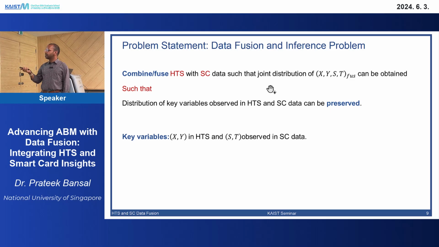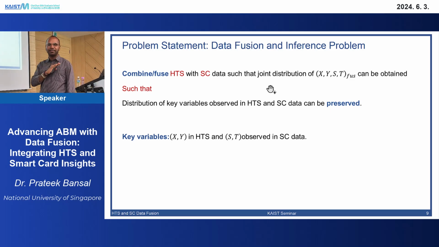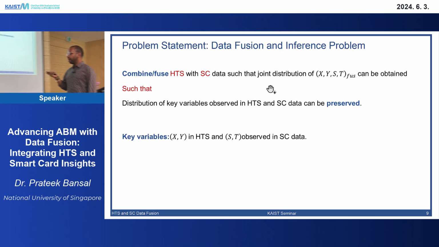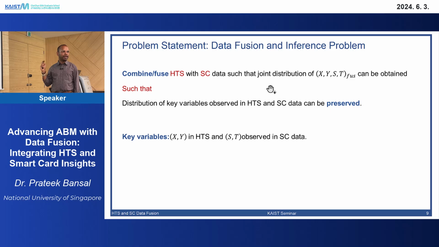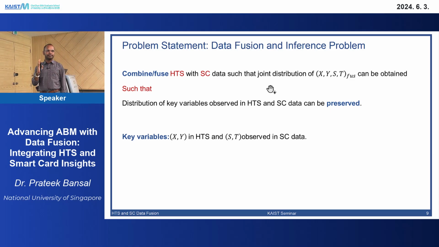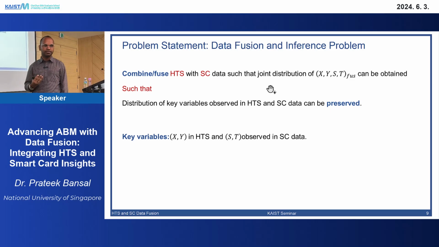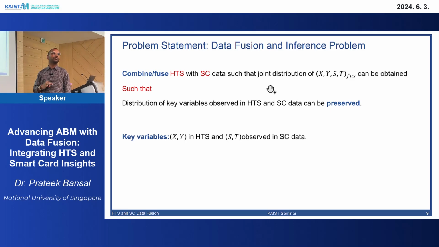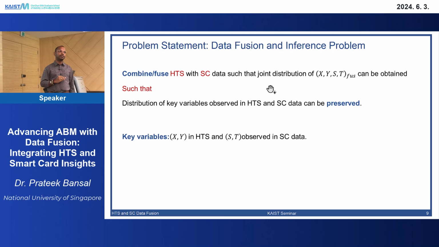So this is the part which is difficult to do if you use any deep learning or any type of generative modeling, whatever you do. Ensuring this is very challenging. So we are doing a separate study using traditional data-driven methods. But what I'm going to present is more analytical way of doing this data fusion.